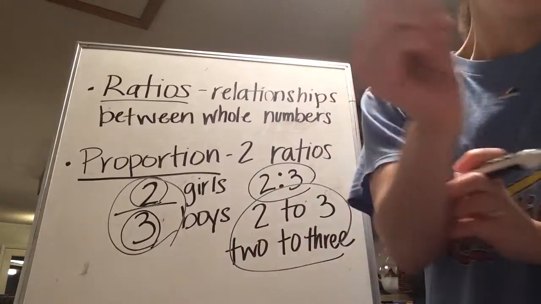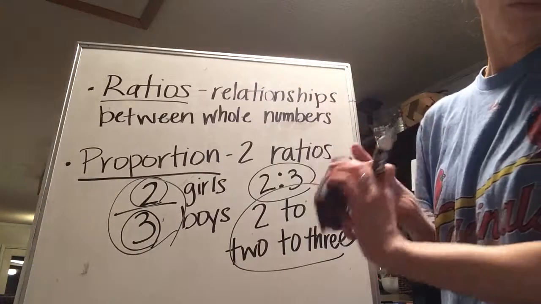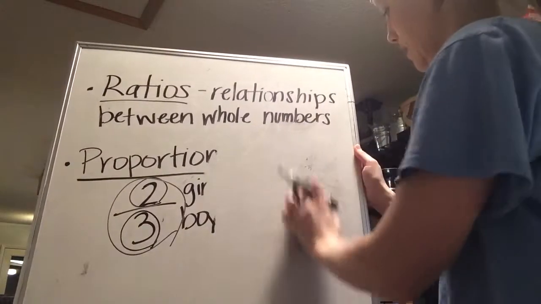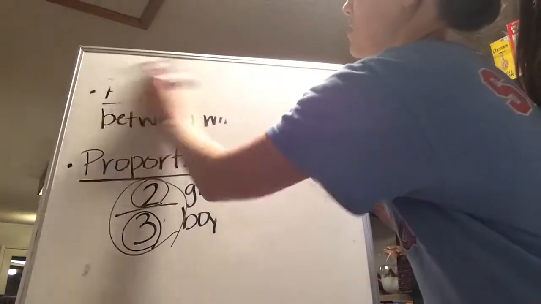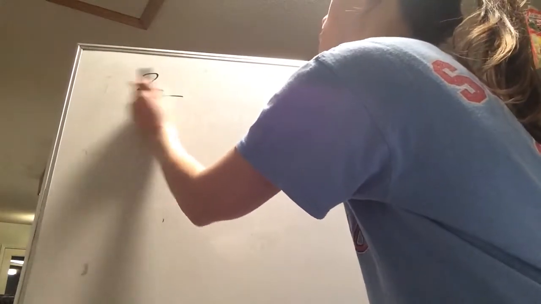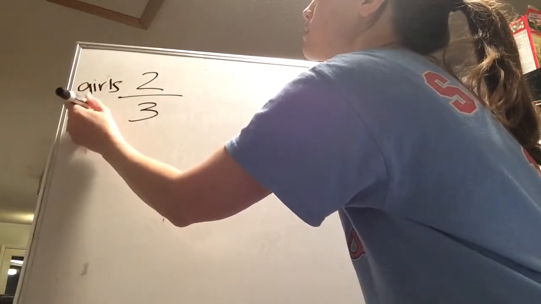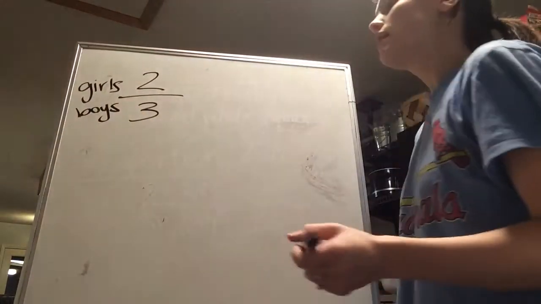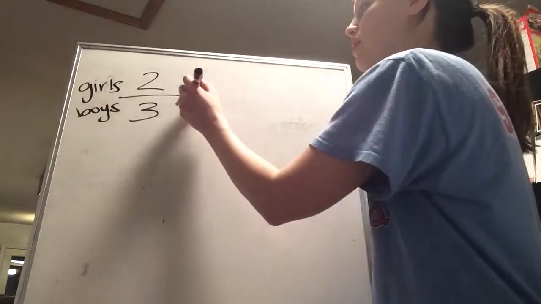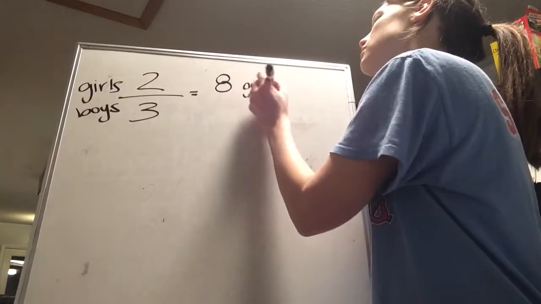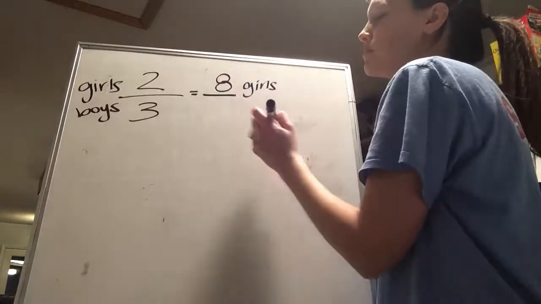Okay, so let's go over the first example. So 2 girls to 3 boys is to, or as, 8 girls to how many boys?